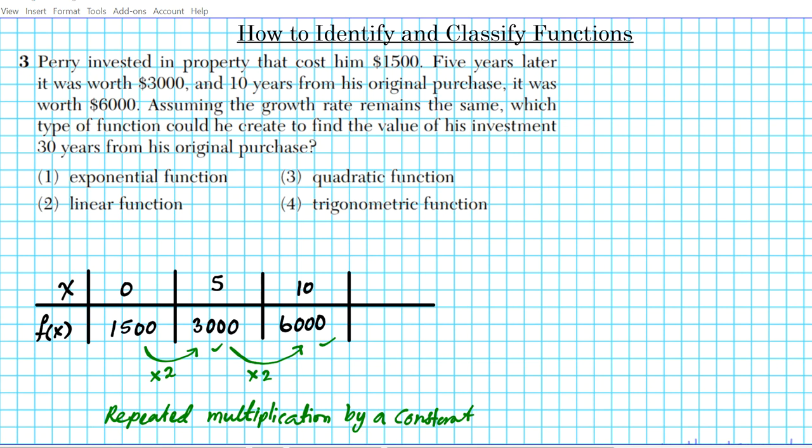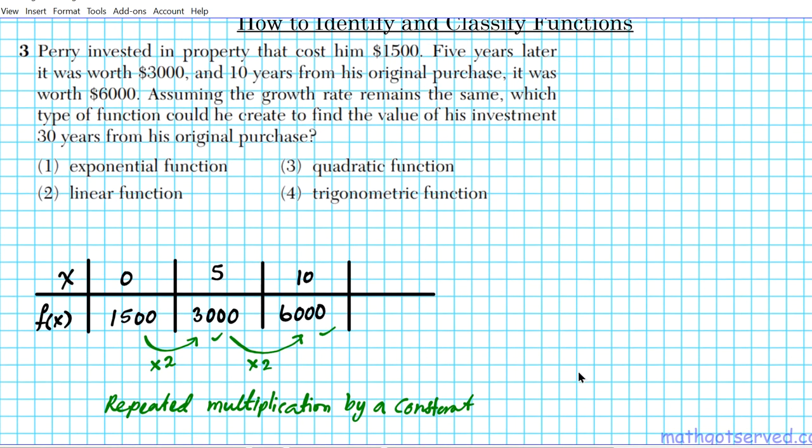So what type of function grows by multiplying by a constant over and over again? Repeated multiplication can be expressed in a simplified form as an exponential function. Exponent just means repeated multiplication. So repeated multiplication implies that you're dealing with an exponential function. So the answer is option number 1.